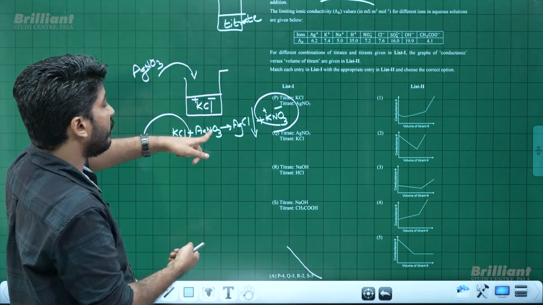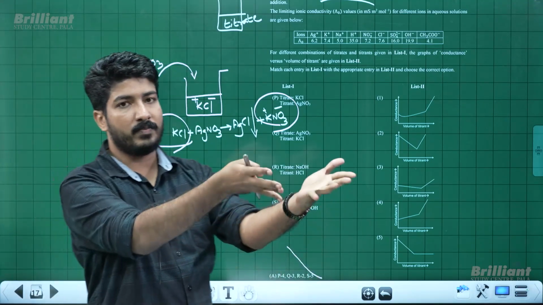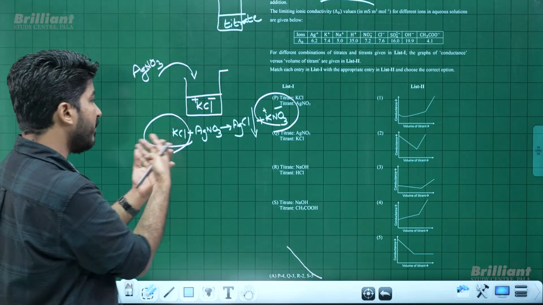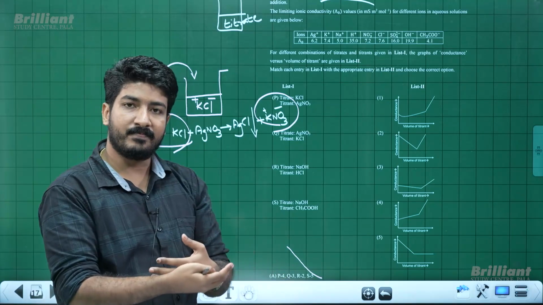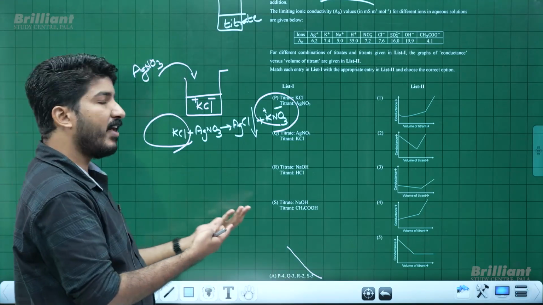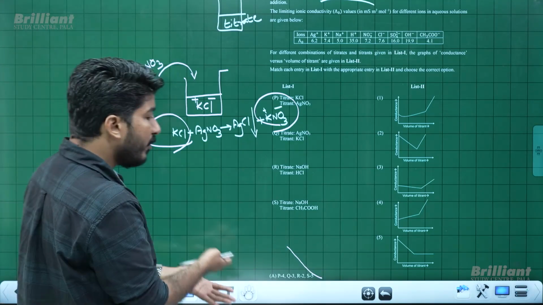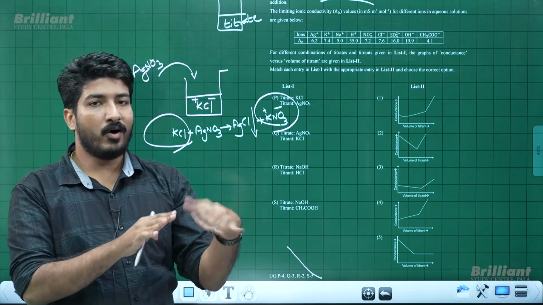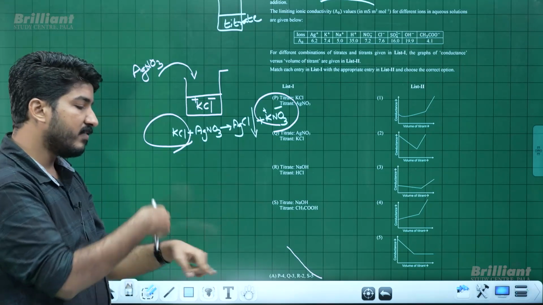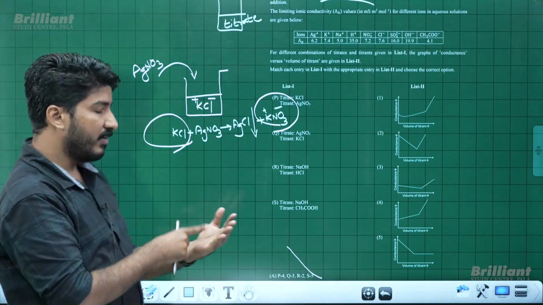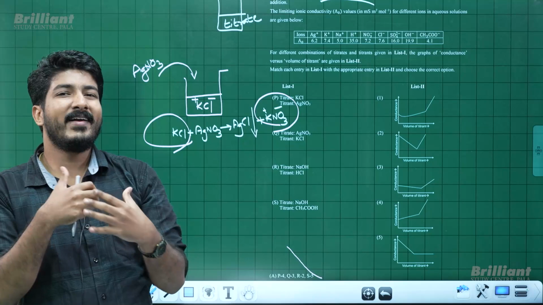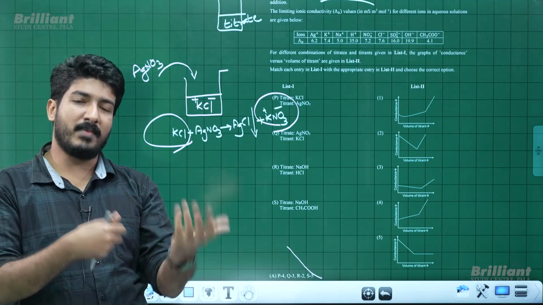AgNO3 changes to AgCl, which does not come into the picture, that is a precipitate. So the number of K plus ions remains the same. Then what is varying? The total number of ions is also remaining almost the same, because each KCl is replaced with KNO3. The only difference is that chloride ion is replaced with NO3 minus ion.